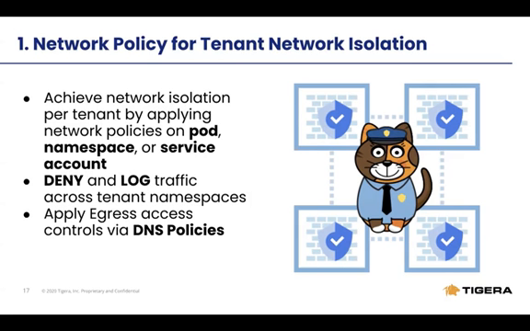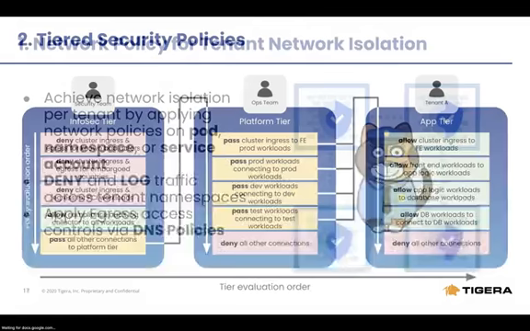So by using DNS policies, Calico can take care of only allowing those pods in the tenant that's allowed to talk to the prod database cluster to be able to do that, even though there's a pod sitting right next to it that is not allowed to do so. So that's important to remember here. So network policy is at the core of achieving tenant network isolation.